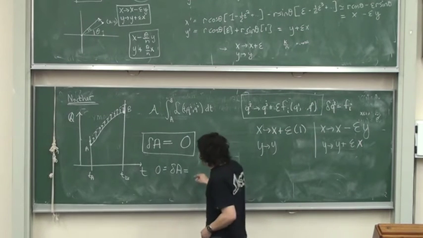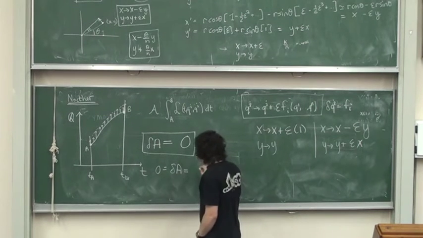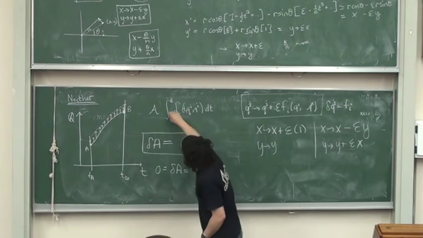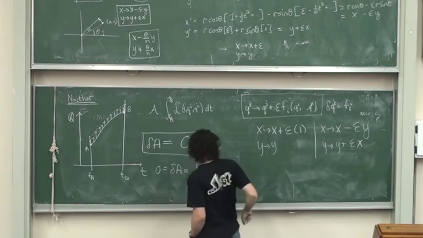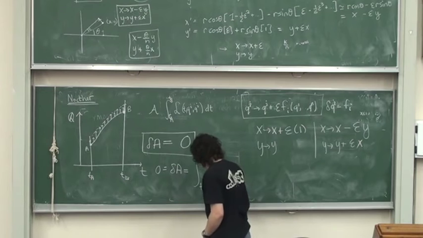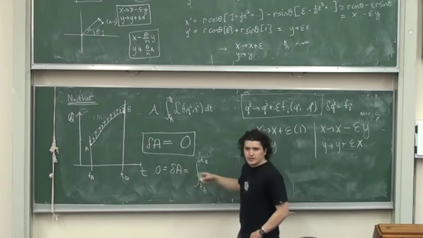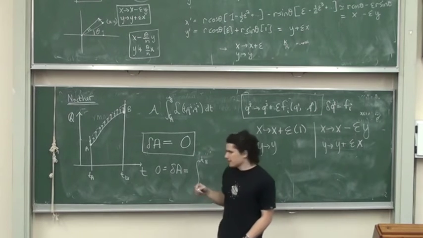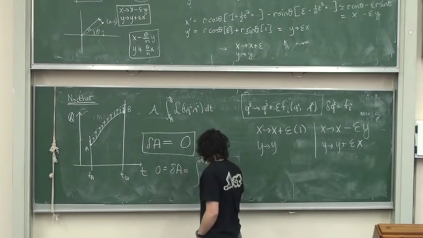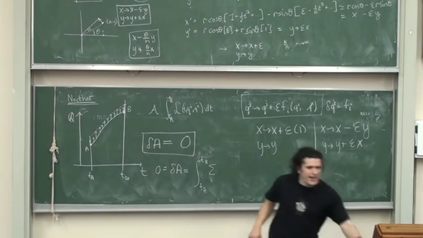So the variation in the action looks like the integral from t_A to t_B, and now we just write down the variation. We use our normal chain rule type thing. And of course there's a sum over i, but I'm going to take the sum over i out.